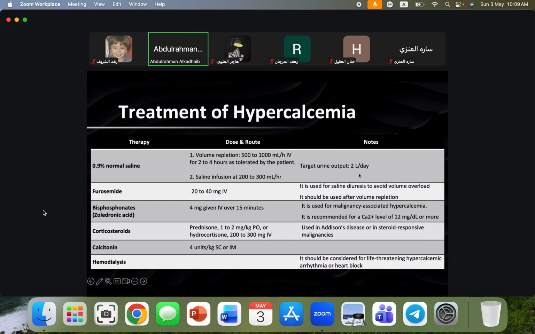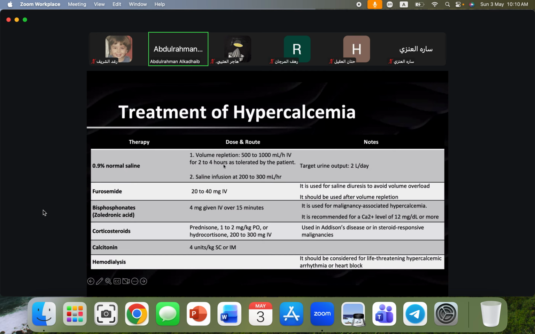That's why we usually put a Foley catheter on those patients and monitor the urine output to achieve an output of 2 liters. This will dilute the calcium level in the body and help with lowering it. In all of those patients, we also use furosemide, the diuretic, just to avoid hypervolemia, which can be caused by the large amount of fluid we give.